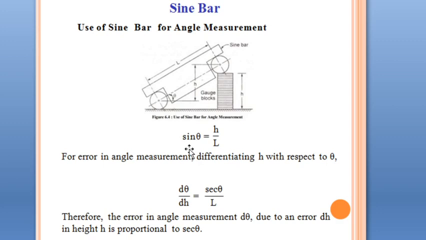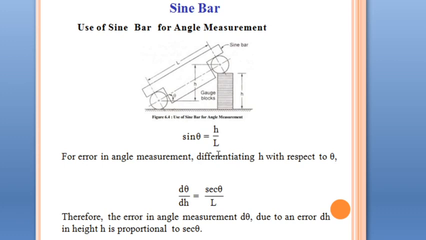Sin theta is equal to opposite side divided by hypotenuse, the vertical height h. Therefore sin theta is equal to h by L, where L is the hypotenuse, the center to center distance between the rollers. This is the size of the sine bar. Sin theta equals h by L.